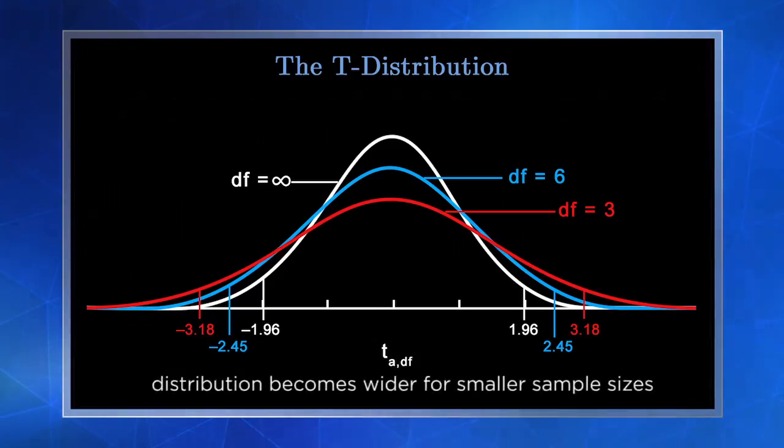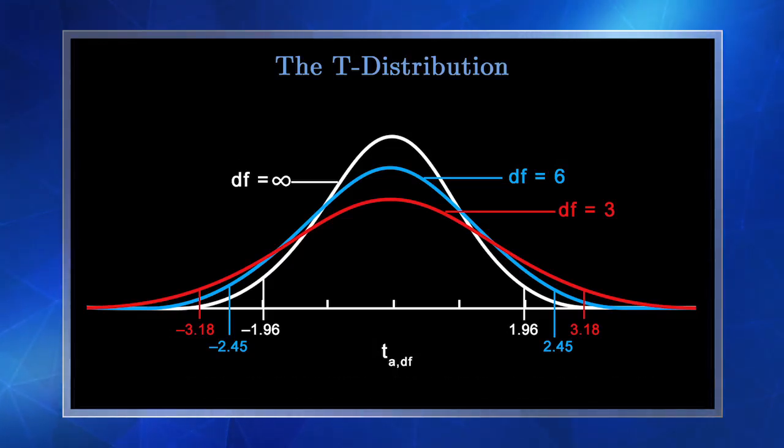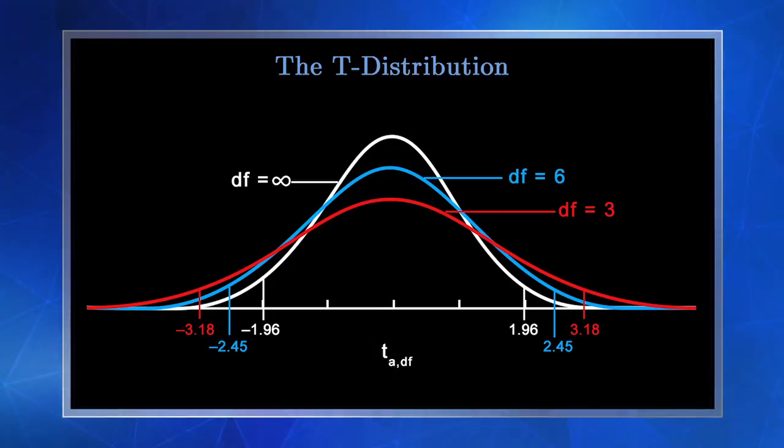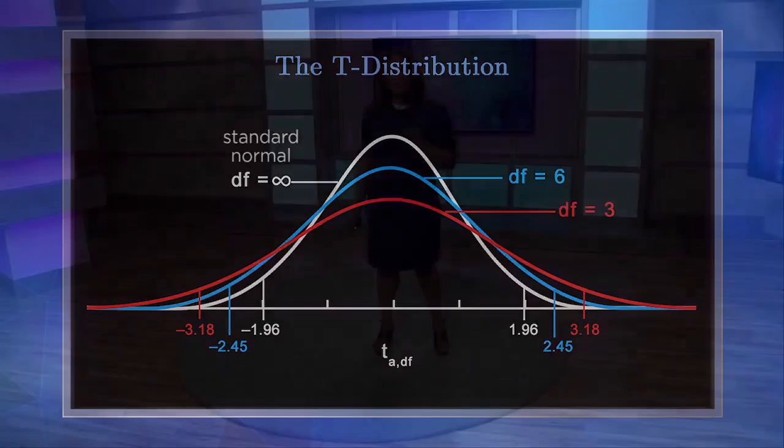Also, the distribution becomes wider for smaller sample sizes, to try to account for that estimation error. So look what happens. As our degrees of freedom increases, in fact, as it goes to infinity, the t distribution converges to the standard normal.